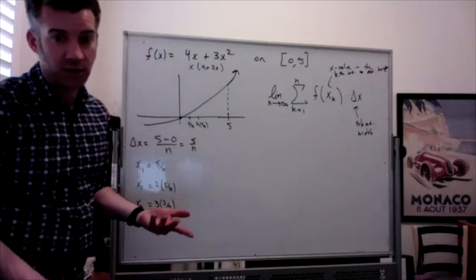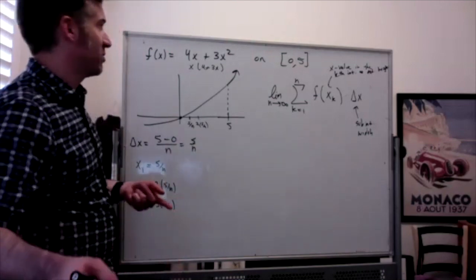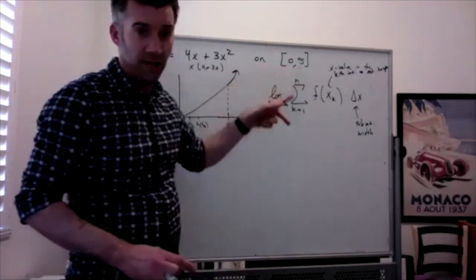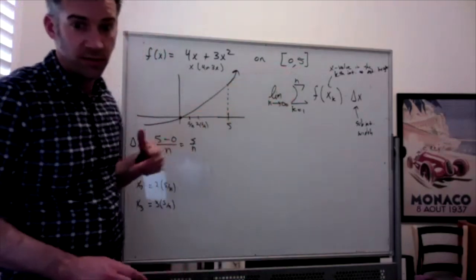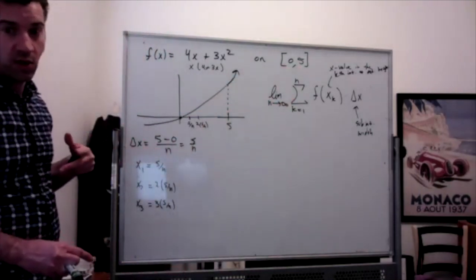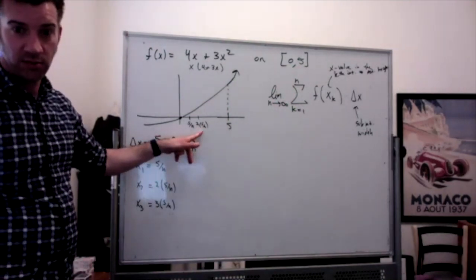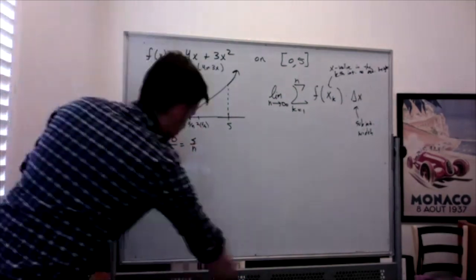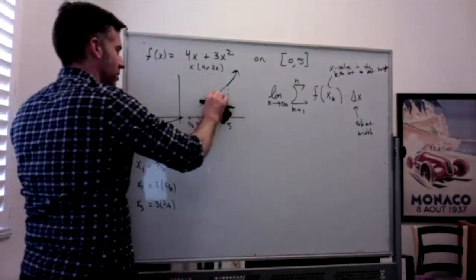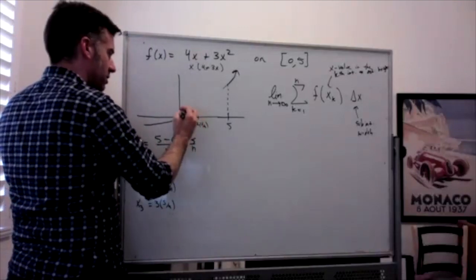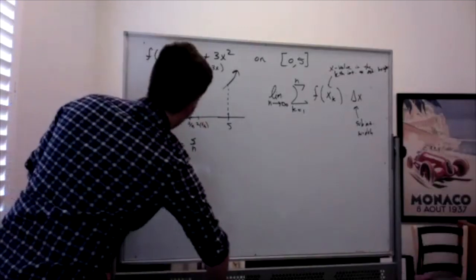So why not 2 plus 5 over n? Because we're not integrating from 2 to 5. We're integrating from 0 to 5. Or do you mean why not 2 plus 5 over n to get the next one? The reason is that each of these intervals has the same length.